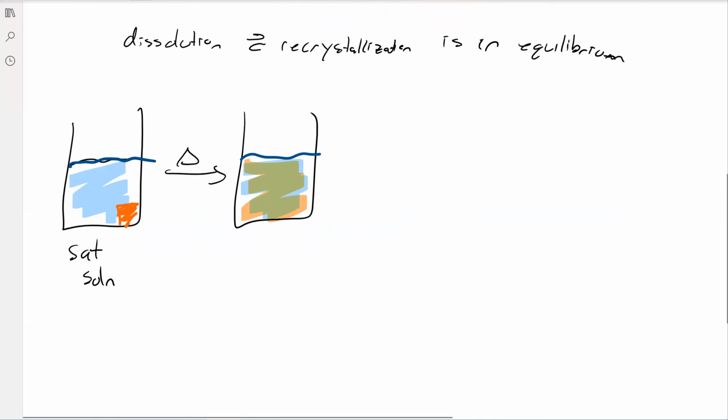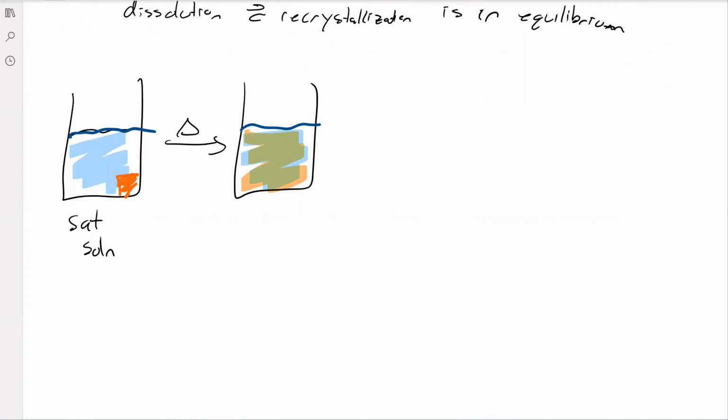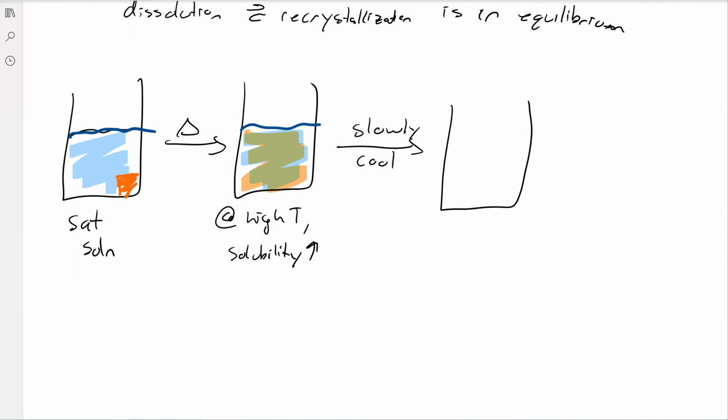And when you heat a solid inside a liquid, the solubility will increase generally. There are some solids that become less soluble at higher temperatures, but they're more the exception, not the rule. And then if you slowly cool this saturated solution, when it gets down to a lower temperature, it can't hold all of that solute, but it'll take a while for that solute to come out if you don't disturb it.